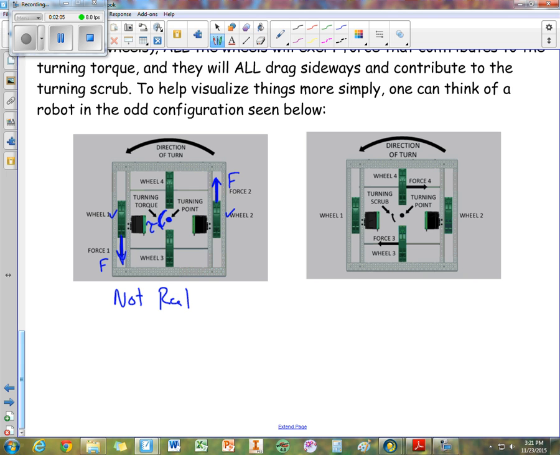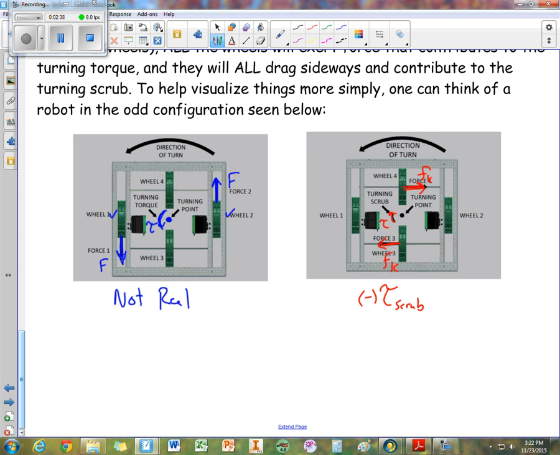But at the same time as that's going on, these wheels would exert a kinetic friction here and here because they're being dragged. And that makes a second torque, a torque due to scrub. It's a negative torque. So we have these competing torques.